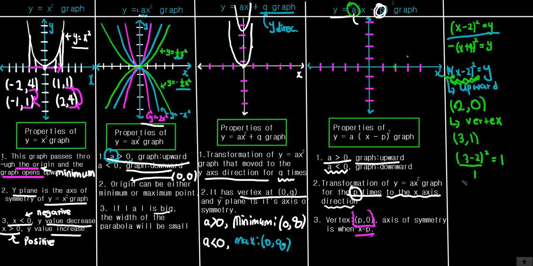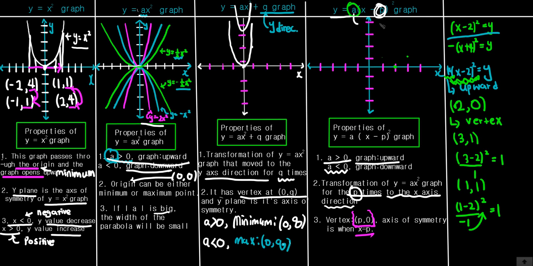Let's think about the case when the x value is equal to 1. It will be 1 minus 2 squared. 1 minus 2 turns into negative 1, and the square turns into 1. So when the x value is 1, the y value is also 1, right over here.